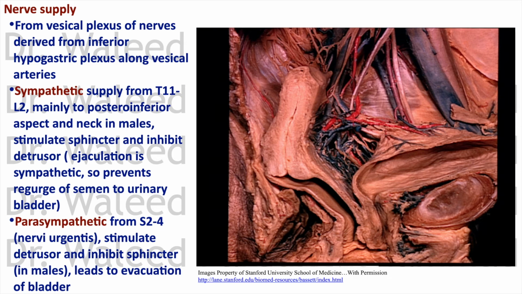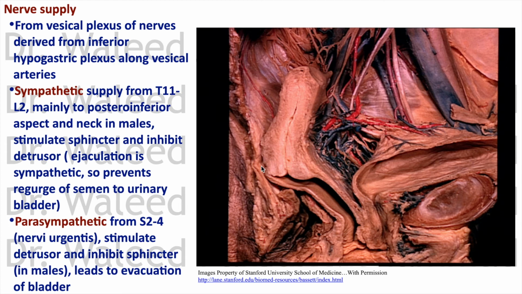The nerve supply of the bladder, of course, it's autonomic, means visceral. It has a sympathetic component and a parasympathetic component. It gets its nerve supply from a vesical nerve plexus that's derived from the inferior hypogastric plexus and shared by the pelvic splanchnic nerves for the parasympathetic component.